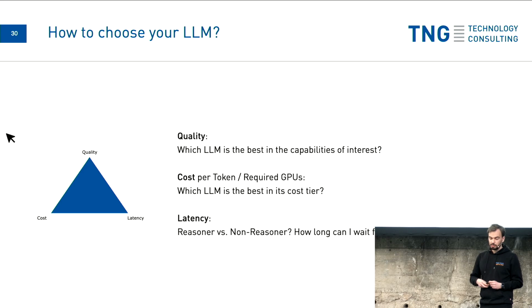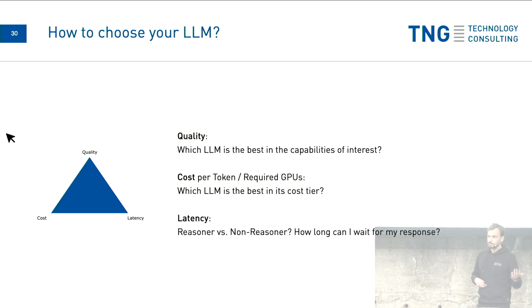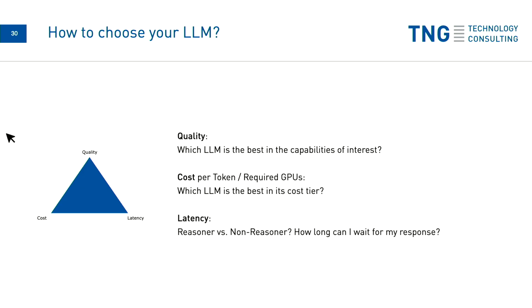And of course, last but not least, what to consider is latency. In many cases, this boils down to: do I need a reasoning model or a non-reasoning model? Because reasoning models produce this think trace, and it takes really long. So the question is, do I really need this kind of intelligence for my task? And in general, how long can I wait for my response?